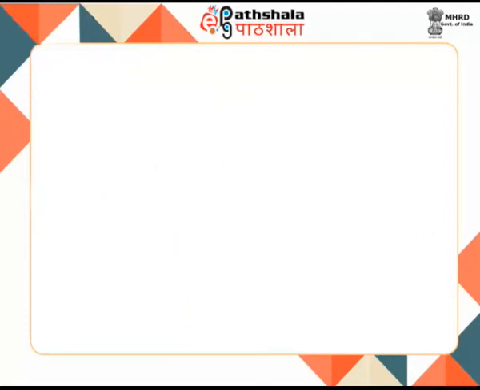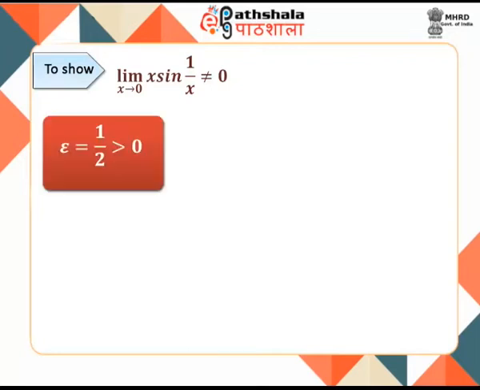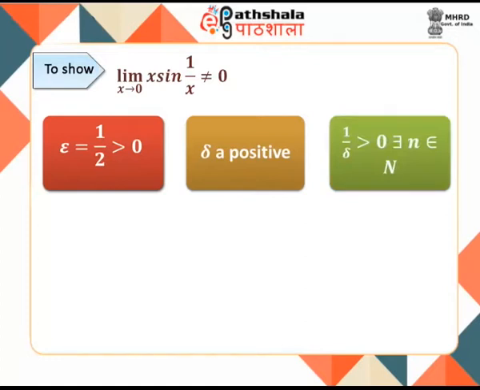Let's discuss limit with the help of this example. We need to show that limit x tends to 0 of sine 1 by x is not equal to 0. Now, to solve this, let epsilon equal to 1 by 2 greater than 0. Let delta be any positive number. Now, 1 by delta is greater than 0, therefore there exists n belonging to natural numbers such that n is greater than 1 by delta.